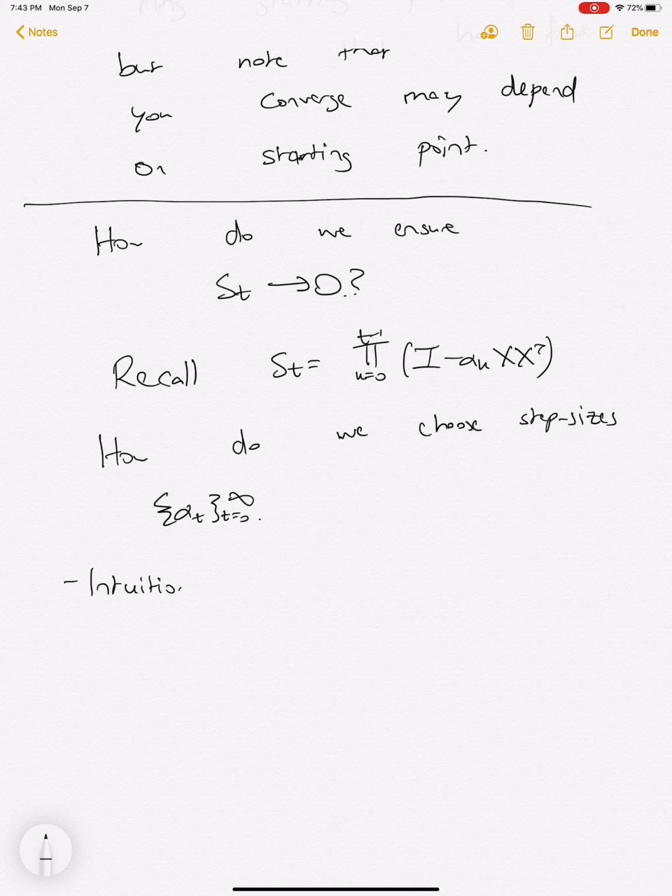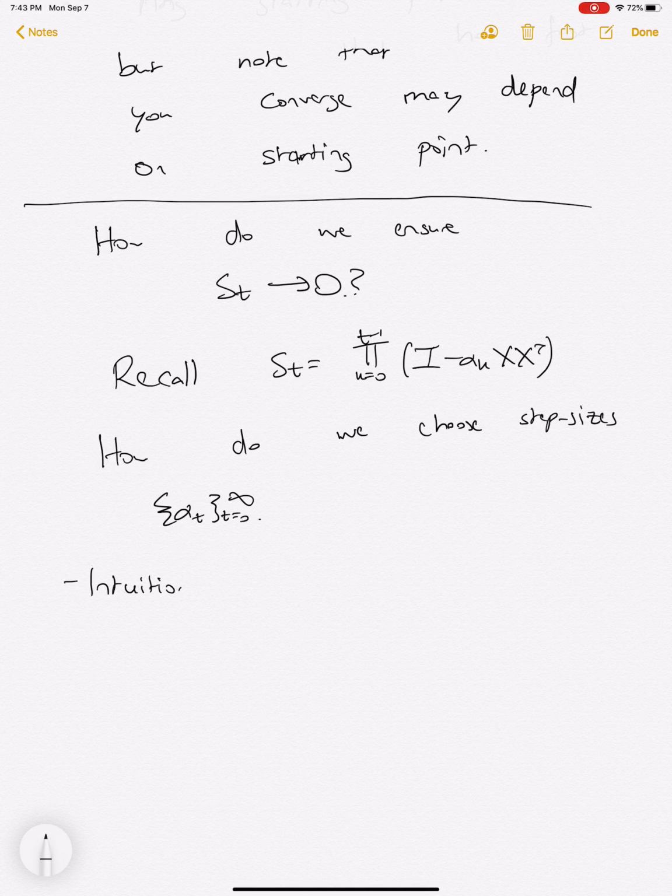Okay, and so we kind of need to ensure that we want to ensure that this matrix is between 0 and 1.